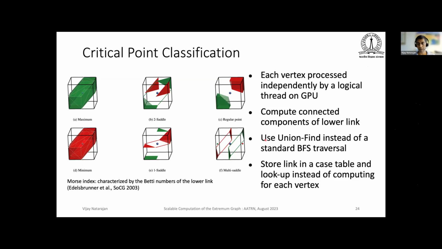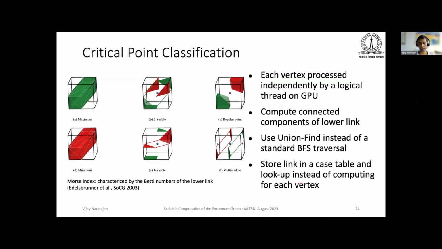What works better is if there is a similar amount of work on all the threads, and a union-find data structure based algorithm for identifying connected components scales better. This is what is implemented in our library. Together with this, we also do not compute the link of each vertex explicitly.